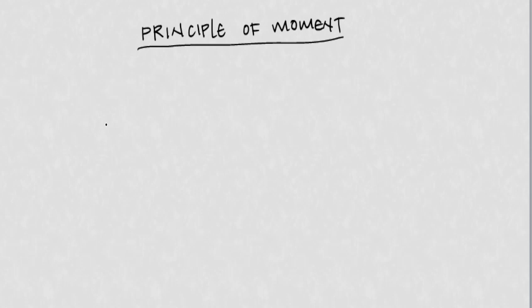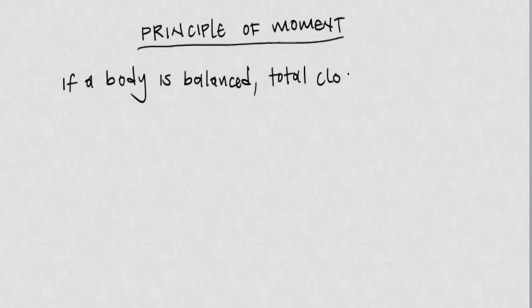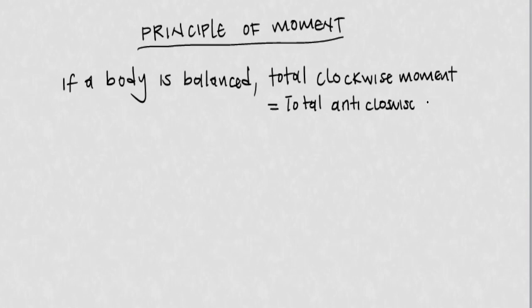In other ways, we're simply saying if a body is balanced, meaning it is in equilibrium, the total clockwise moment should be equal to the total anti-clockwise moment. So this is the principle of moment.